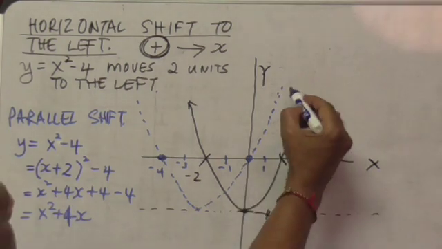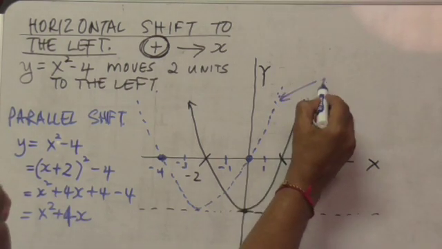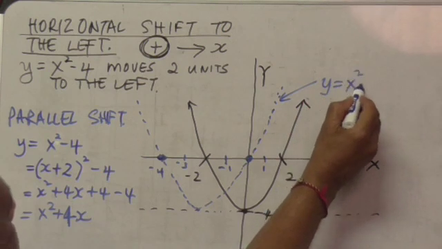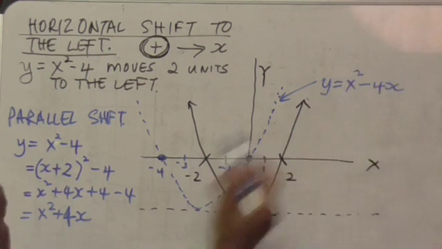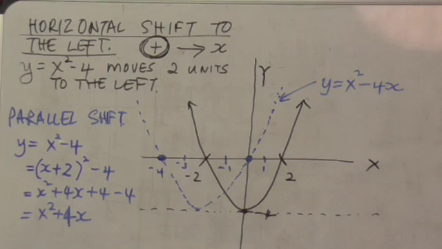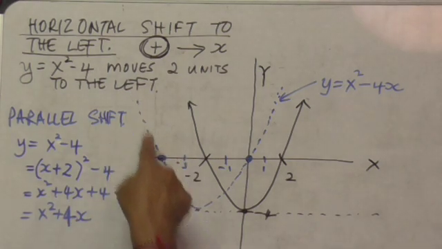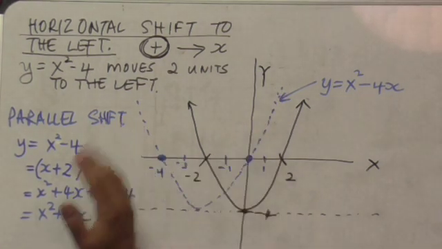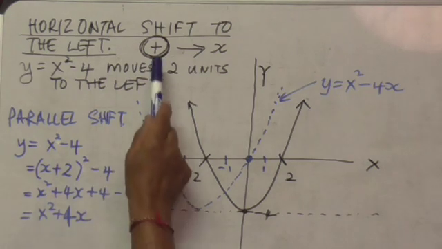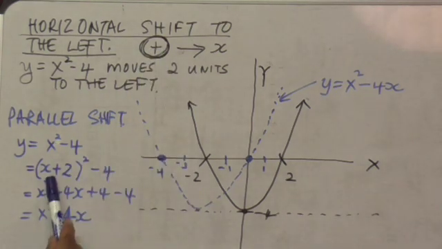So, this graph now is y is equal to x squared plus 4x. And so that's the new equation of this graph, and it has moved 2 units to the left. If it goes to the left, you'll use plus. It only affects the x, so you make a change on the x. Alright, so this was an example of horizontal shift to the left.